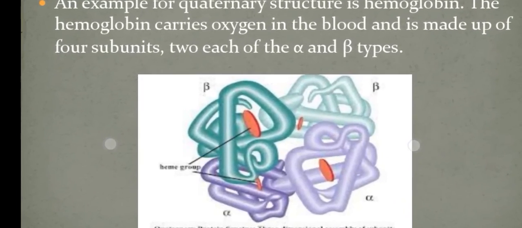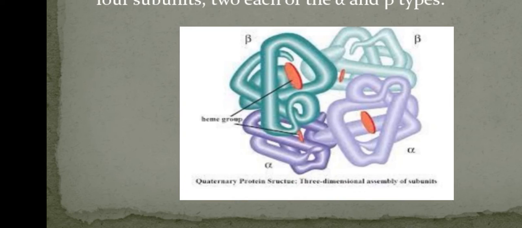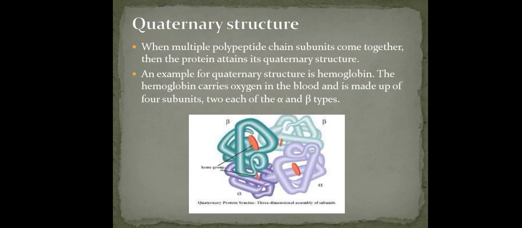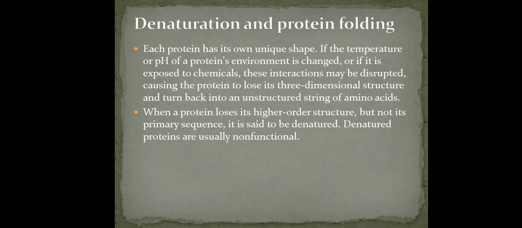There is an example in these figures of the quaternary protein structure, hemoglobin. So I think that's it.